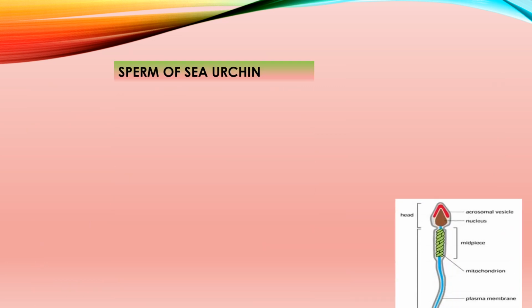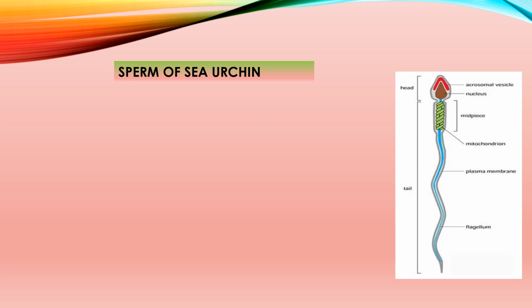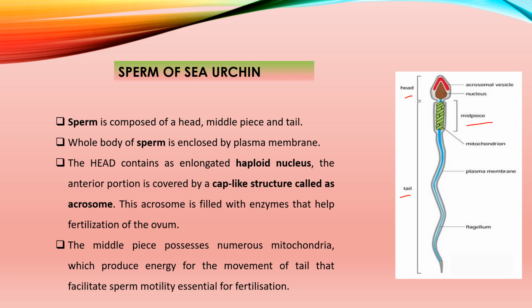Sperm of sea urchin. This is the structure of the sperm. The sperm has basically three important parts. The first one is the head, the second one is the middle piece, and the third part is known as the tail. The head of the sperm has two important structures. The first one is the nucleus. A haploid nucleus is present, and at the anterior portion of the haploid nucleus there is a cap-like structure, as you can see here.